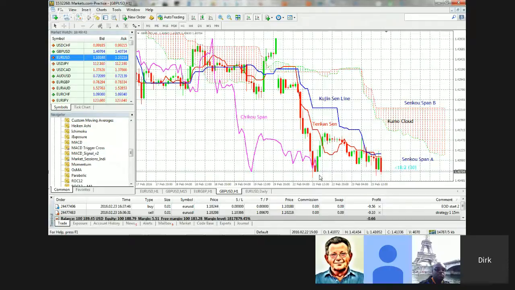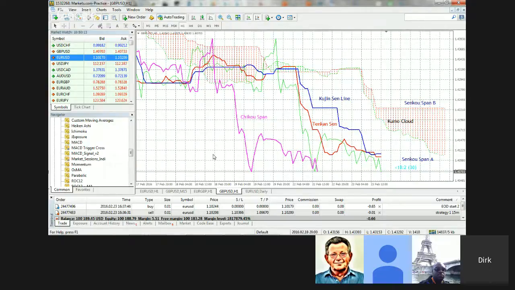And the Chiku span is nothing more than actual price. If I swap this chart to a line price, look there. It's the exact same flow as the Chiku span. So the Chiku span is live price just shifted back as a line chart by 26 periods. Okay, so that is the period behind price that the Ichimoku consists of.